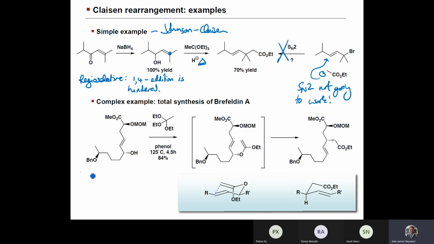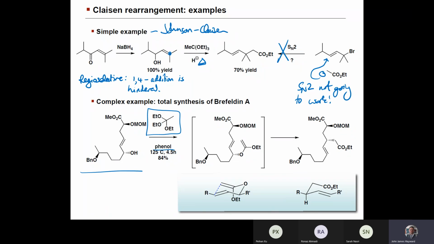Now, what's being shown here is a fragment of a natural product called Brefeldin A. I have not looked that one up, but if you want to, go for it. If I remember correctly, it's relatively big. And we do the exact same kind of idea. We use the orthoester as before.